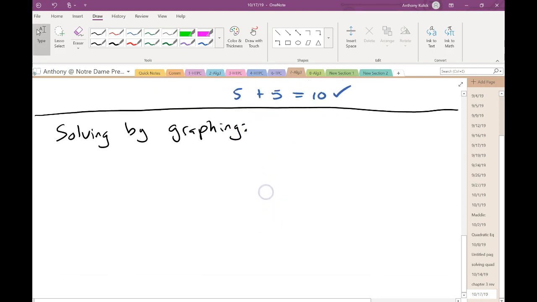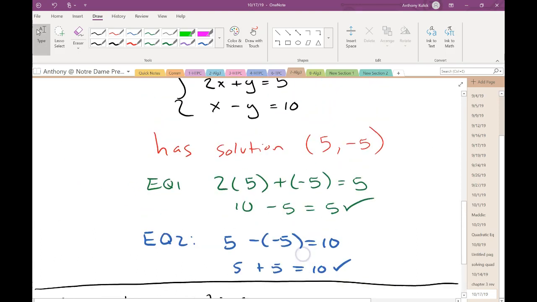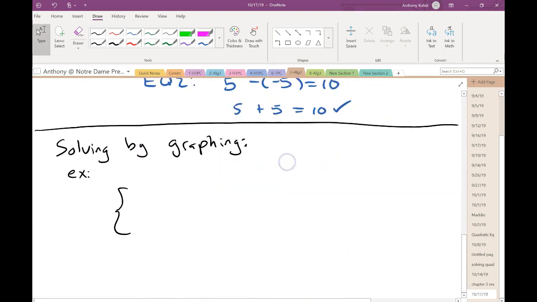So let's talk about solving by graphing. And we'll just do this as an example. And I'm going to use that same system that we had written above.